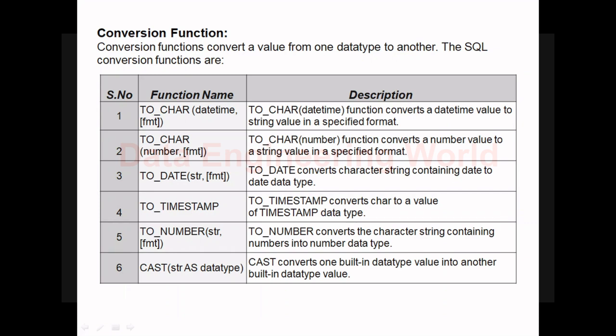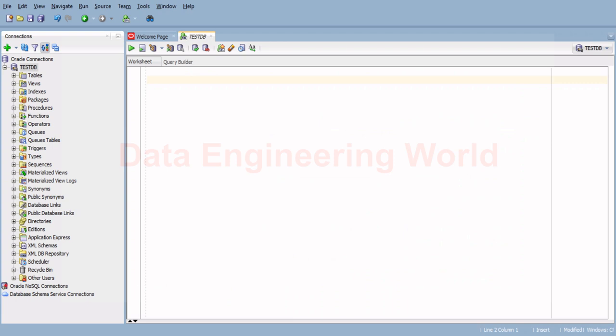The next conversion function is toNumber, which converts the string data type to number data type. So here we are in our SQL developer. Let's take an example to convert a string value to a number data type.